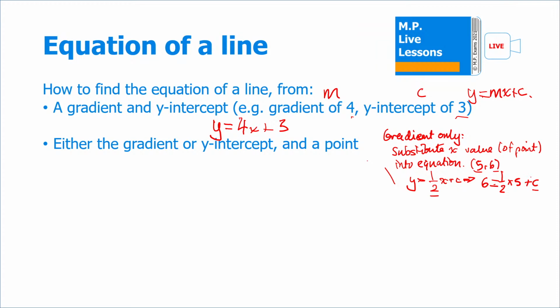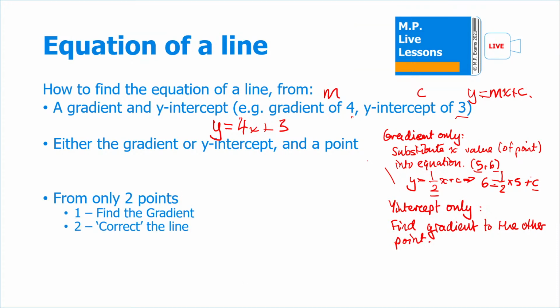If you're given the y-intercept only, you need to find the gradient to the other point. And if you're getting it from only 2 points, you'll need to do both of these. So you'll need to find the gradient, and then correct the line by almost doing this.